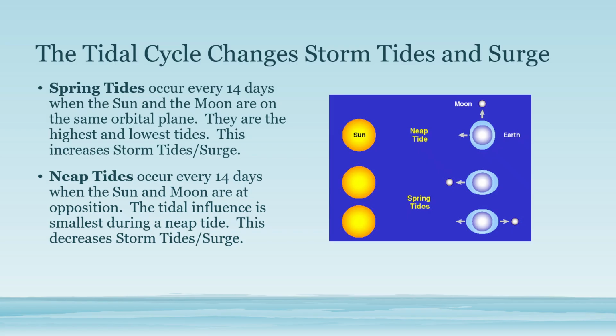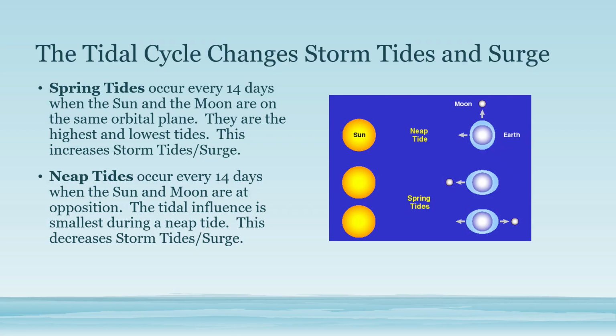When the sun and the moon are at a right angle, like at a neap tide, you have a more moderate tidal surge. On a full moon or a new moon, when the sun and the moon are lined up, you have strong tidal surge. During a full moon or a new moon, you can have 3, 4, even 5 feet of tidal surge.